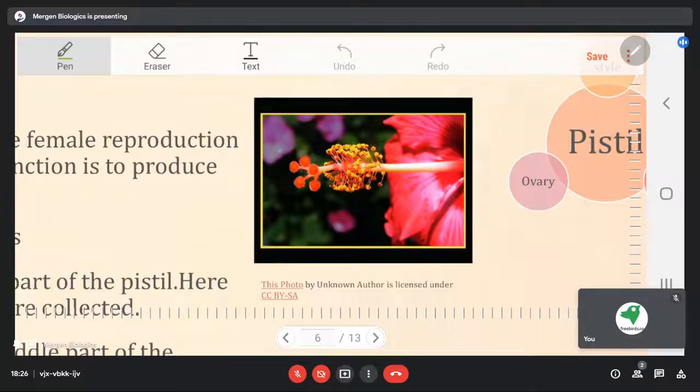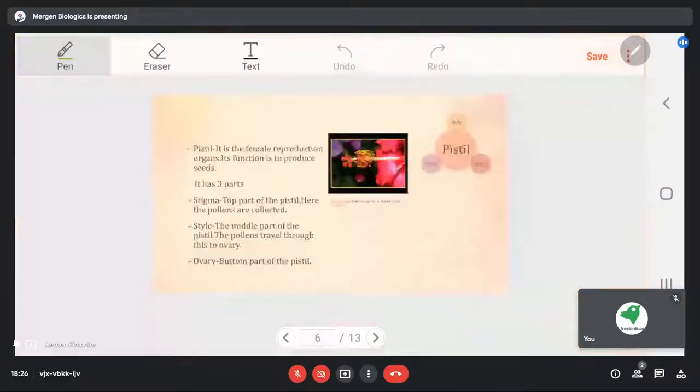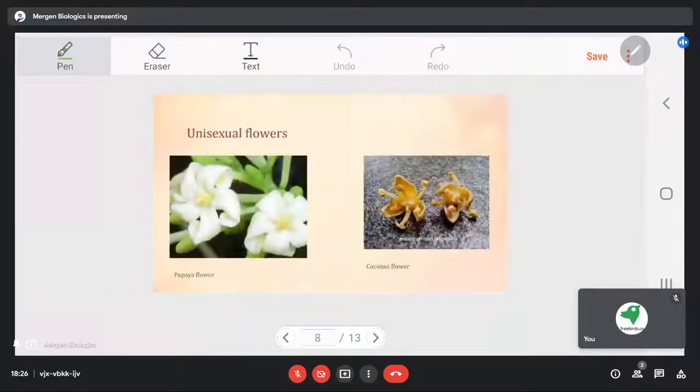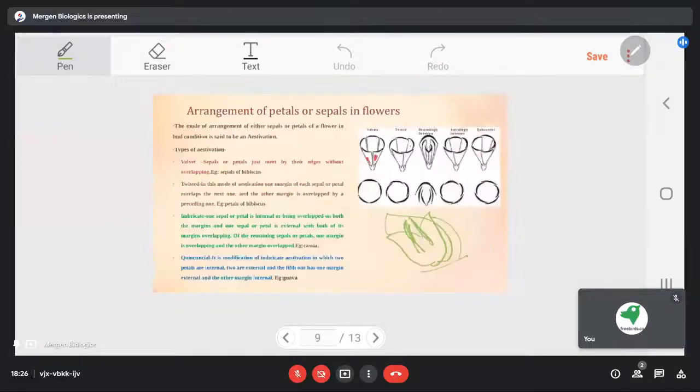There may be 5 stigmas, more than 5 stigmas, or less than 5 stigmas, but if the carpels are independent of each other, then they are known as apocarpellary, or syncarpellary when they fuse. These are the terms I forgot to mention while I was explaining the female reproductive part. Now we are clear with that part also.